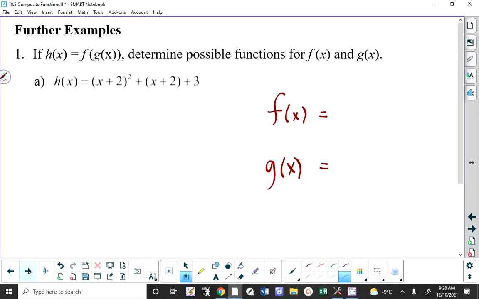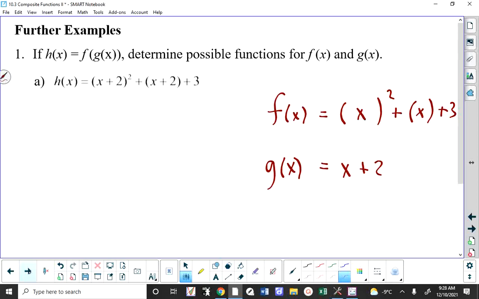And this one is not that difficult because you can see there's an x plus 2 that's being squared. You can see there's an x plus 2 that's not being squared, and there's a 3. So really, that composite function is some input squared plus some input plus 3. And if we make that input x plus 2, then we can write those two functions. I don't believe there's an algebraic solution to this problem.